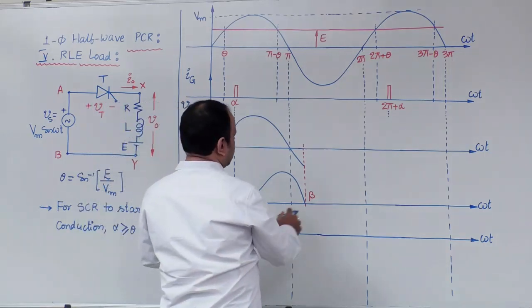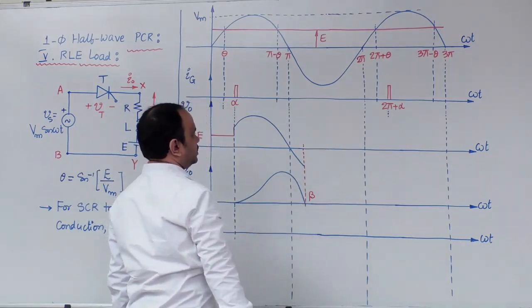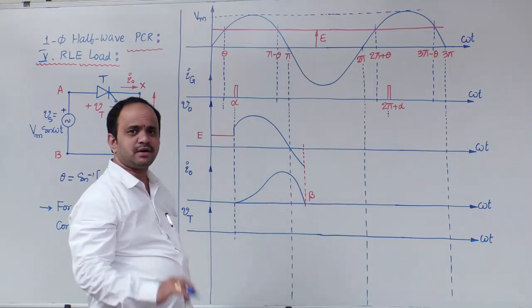At omega t equal to beta, current is 0, hence the device will turn off.